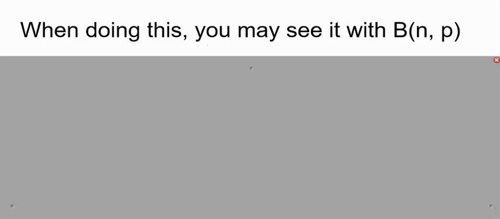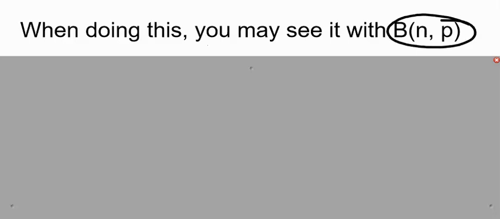Here, you may see the B N P. The reason I'm showing you this is that you might see it different ways. There's a way it looks on the TI-84 calculator, a way it looks in Desmos, and a way people write it out originally before any of that.